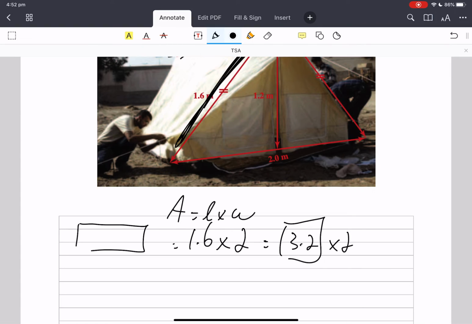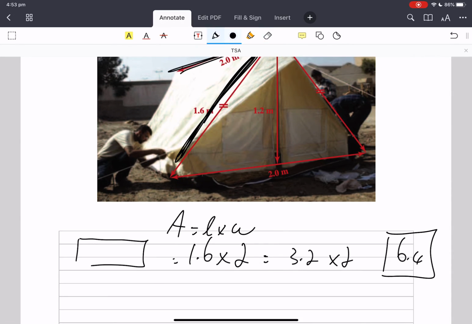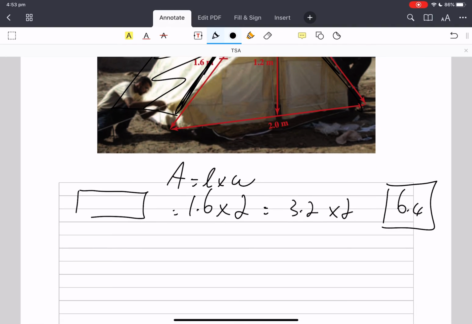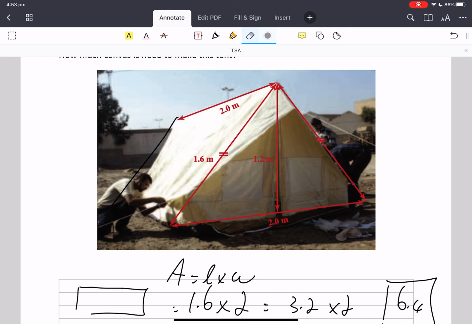There's 2 of them, so 3.2 is just this one rectangle here. There's another one down the other side of the tent. Then there's one on the base. Don't forget, when you're in a tent, you don't sleep on the grass. There's a base out the back here that you lie on.